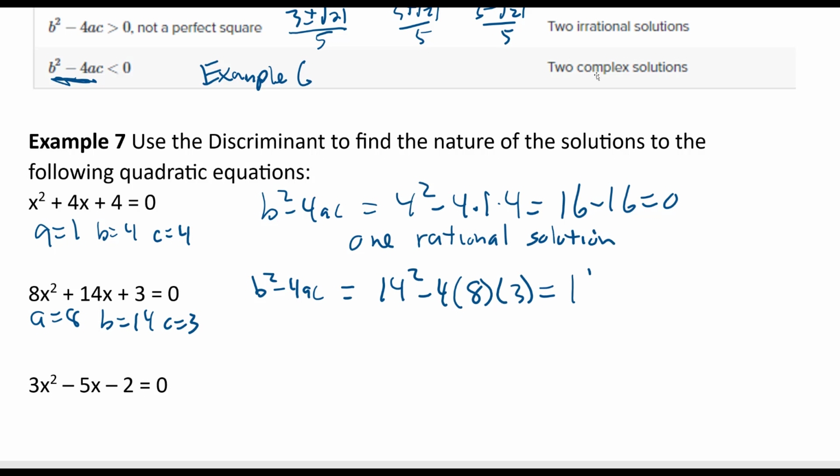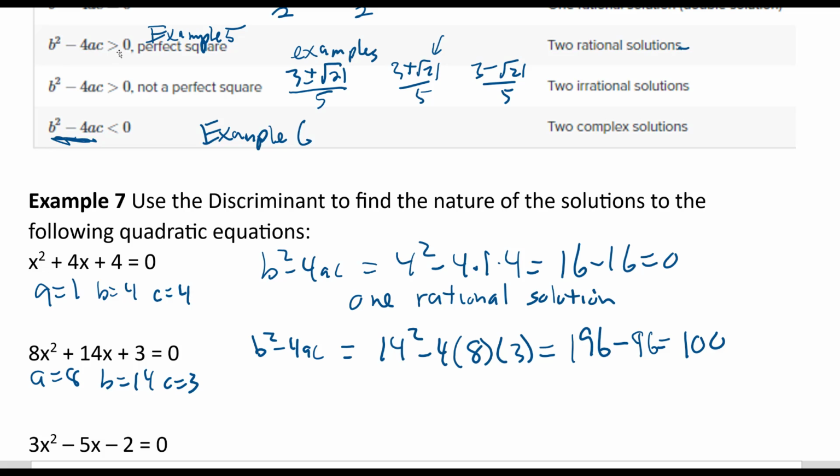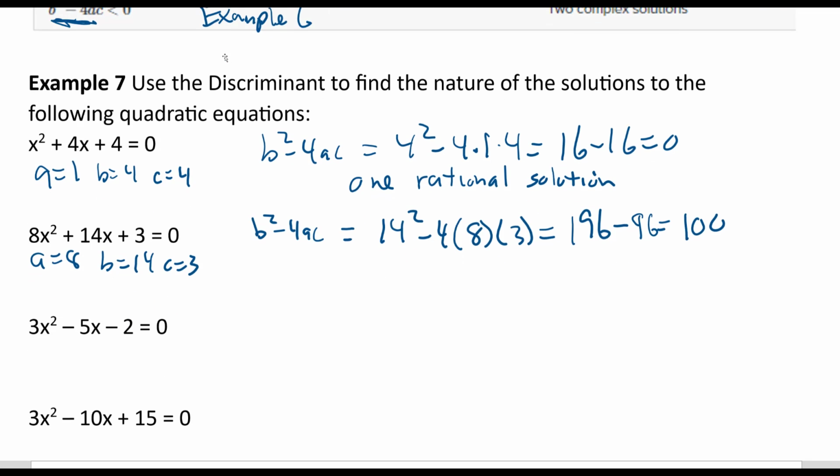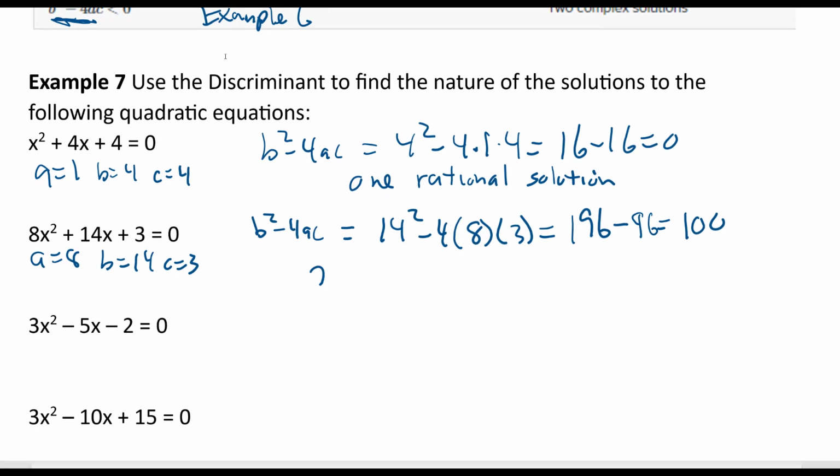So that's 196 minus, let's see, 4 times 3 is 12 times 8 is 108, right? No, 96. We know that. 196 minus 96 is 100. And that's a perfect square. So we have the second situation. So it's greater than 0 and it's a perfect square. So this means you have two rational solutions.